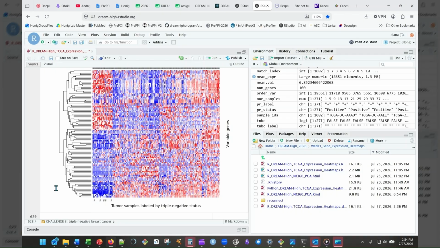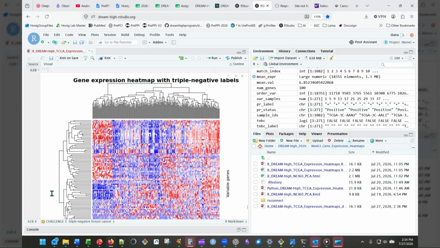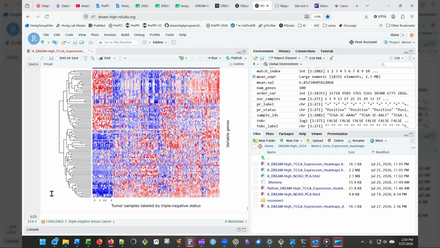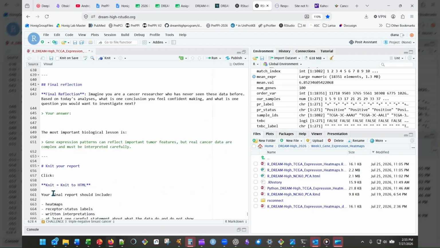This was transformative in cancer biology when it was first done about 15 years ago. So this type of analysis is still done today, but I want you to really appreciate that this is an association. It doesn't necessarily mean that it's causative, but we have been able to make this correspondence without manipulating it. It just fell out of our analysis. So there are some more questions and some final reflections.